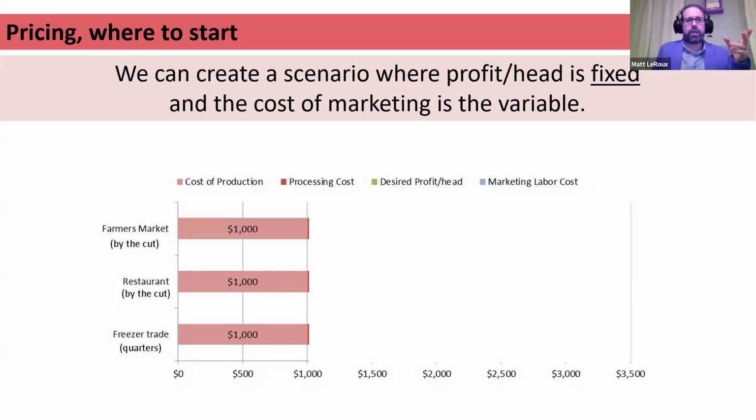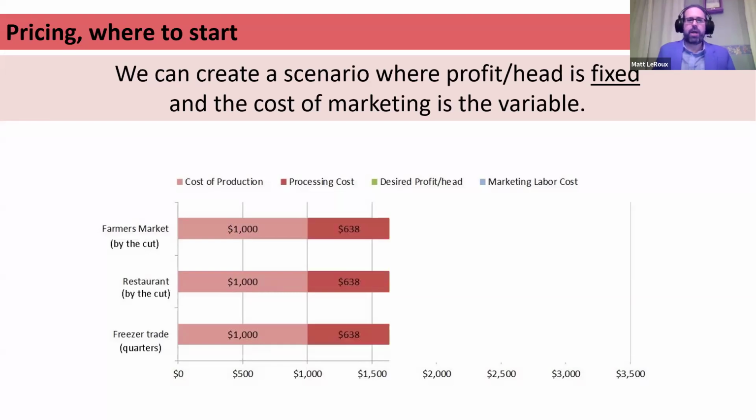So the animal that's going to wind up going to the farmer's market and be sold by the cut, the one that's going to go to a wholesale restaurant customer by the cut, and the one that we sell to 4 different customers as quarters. All those animals have the same cost of production. And then assuming we take them all to the same processor, they have similar carcass weights, right? Essentially, our cost of processing is the same across all channels, regardless of where that meat's going to go.